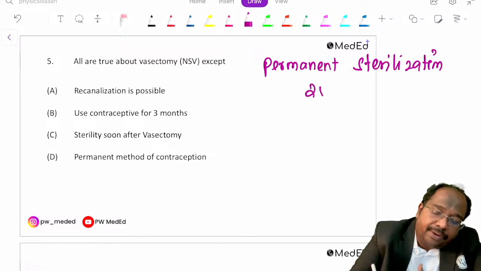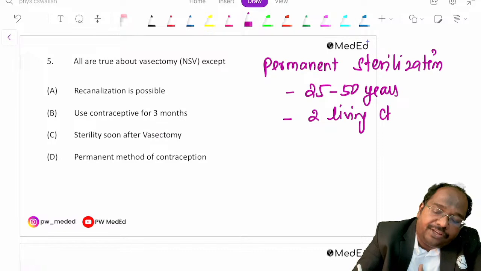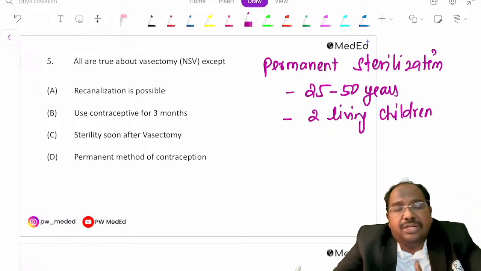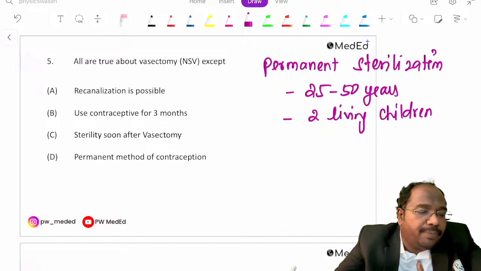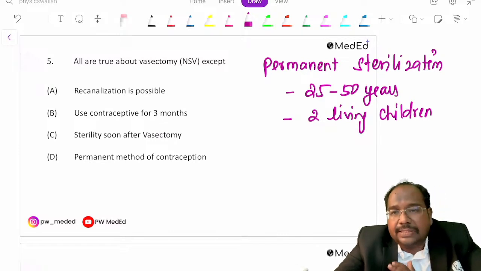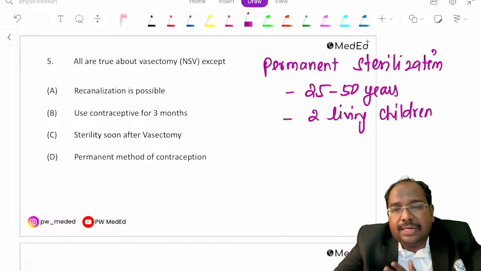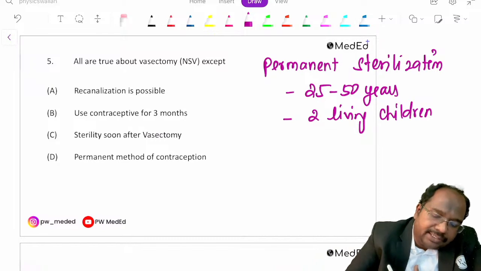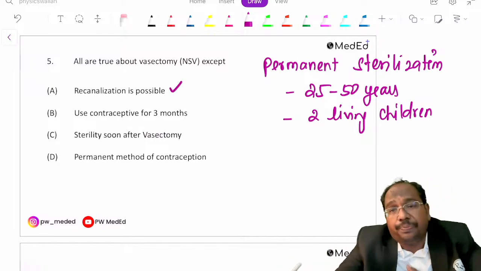To do it, the male should be between 25 to 50 years and should have 2 living children. Recanalization possible, that is true.